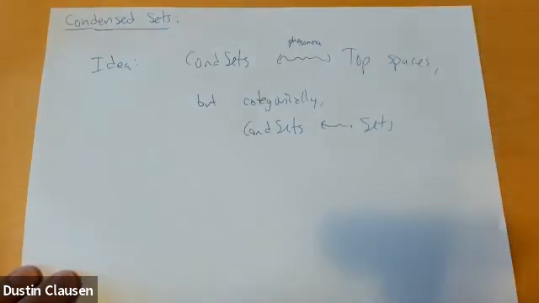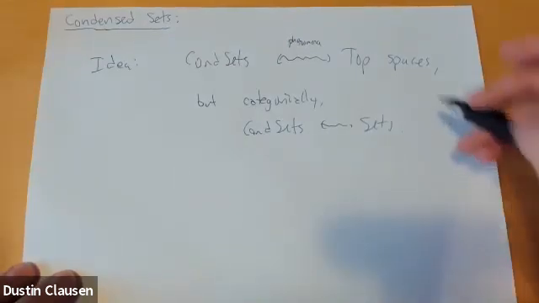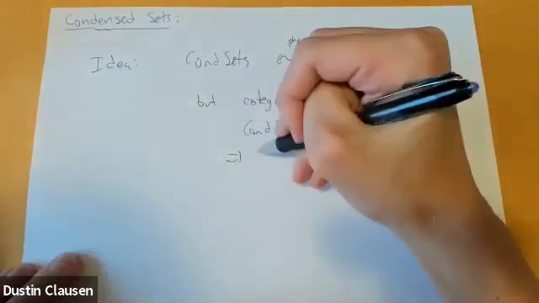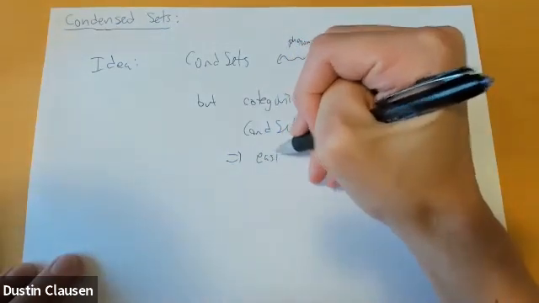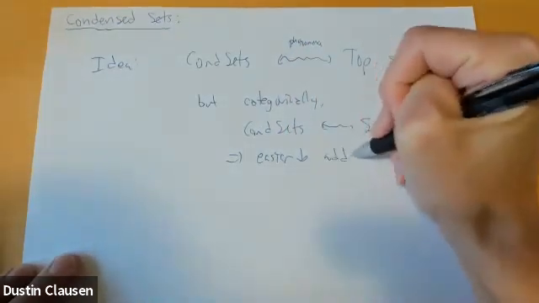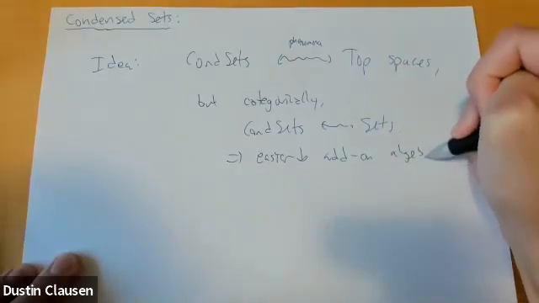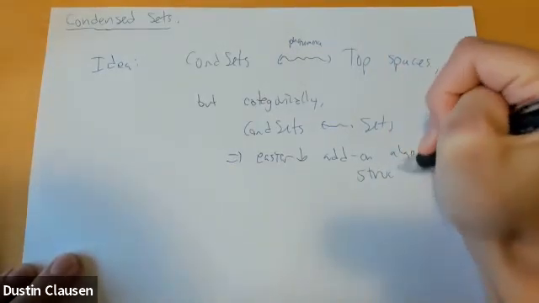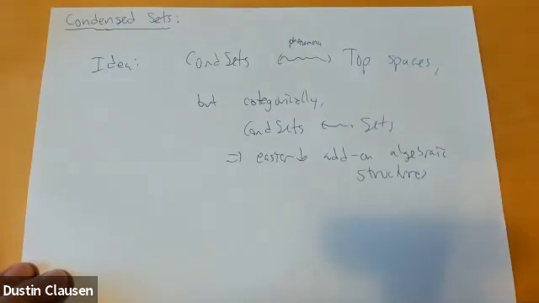So they capture topological phenomena, but their basic formal behavior is similar to sets, which means it's easier to add on algebraic structure. So things like condensed abelian groups will be better behaved than topological abelian groups, and so on and so forth.